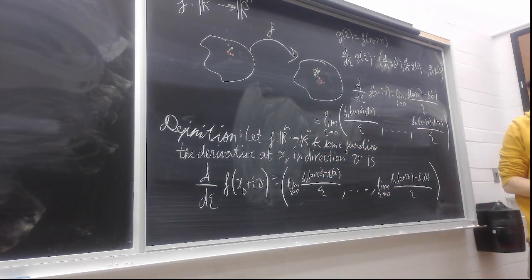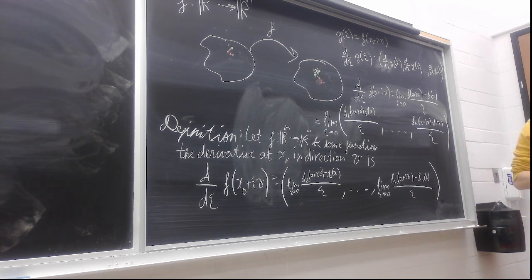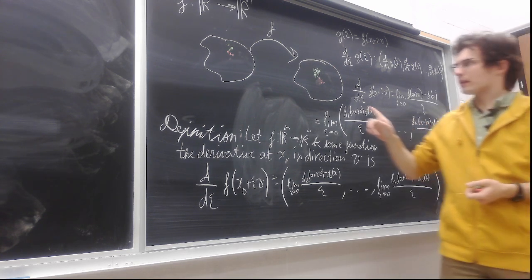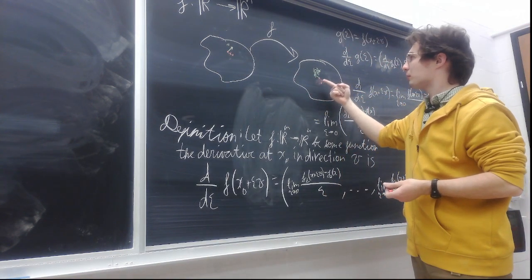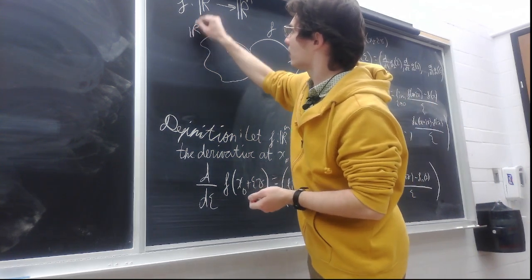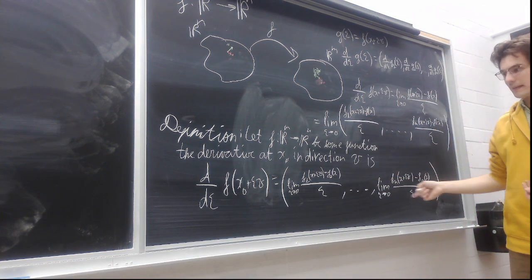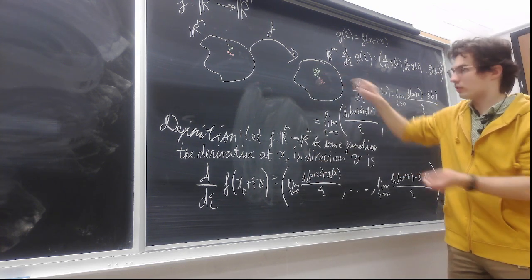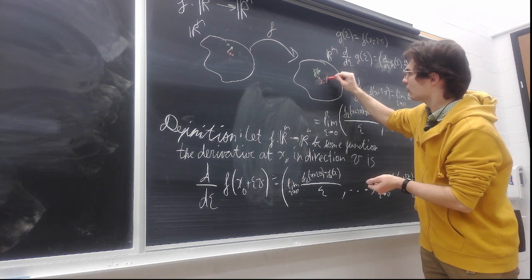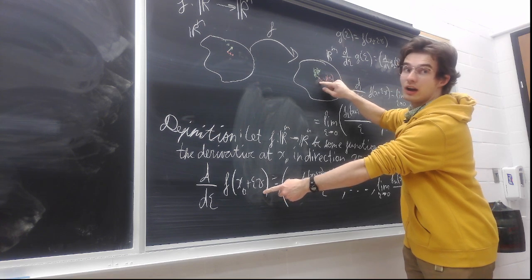You understand this? This vector is going to be telling you how, starting at f of x, you moved in direction v by epsilon.